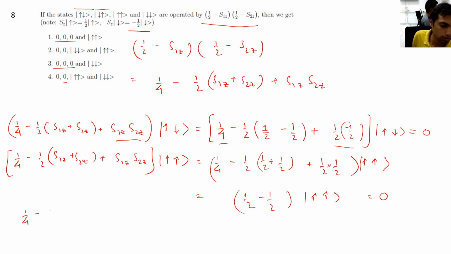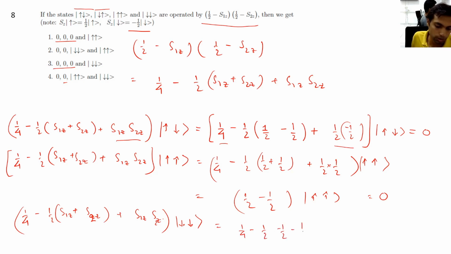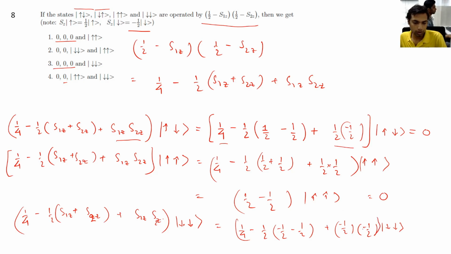1/4 - 1/2 (S1z + S2z) + S1z S2z, this one is acting on the down-down state, and what we are getting is 1/4 - 1/2 (-1/2 - 1/2) + (-1/2) into (-1/2). So this is 1/4 plus 1/4, which is 1/2, and this minus minus cancels, so this will be 1/2, and half plus half is 1.